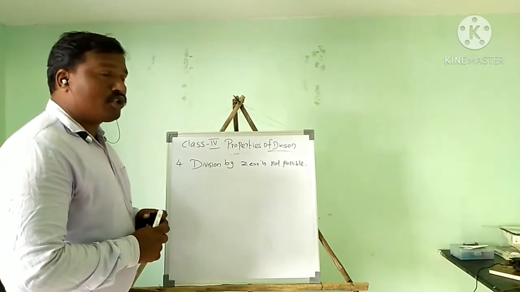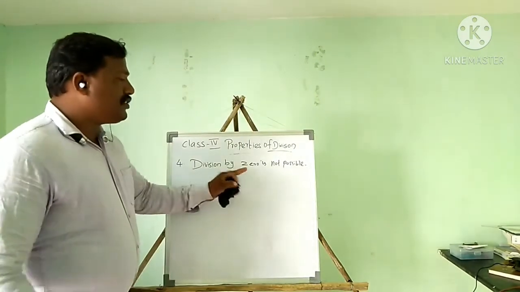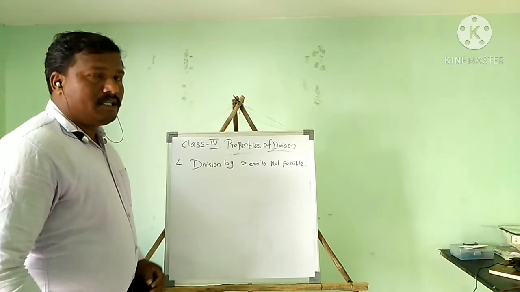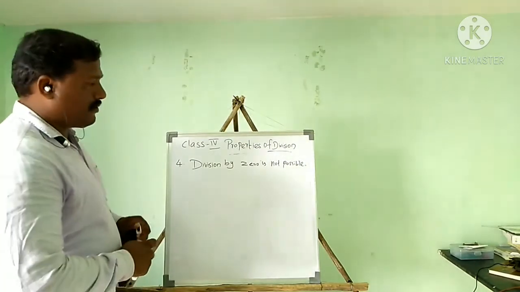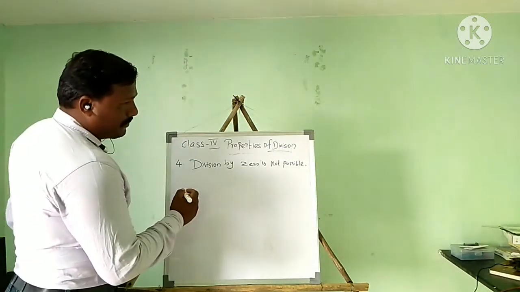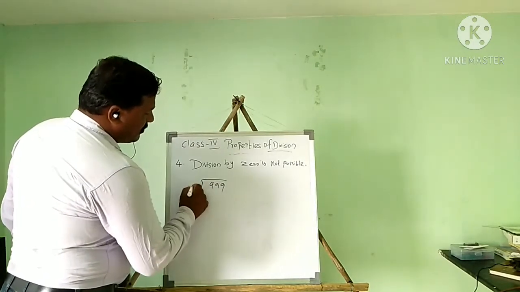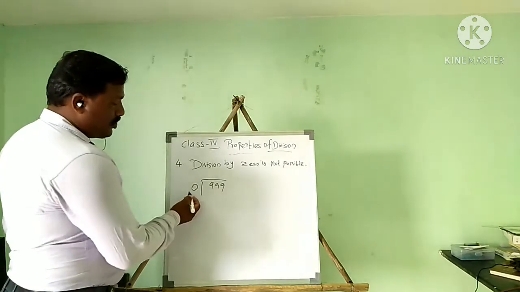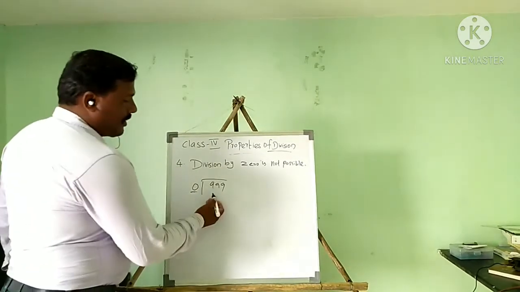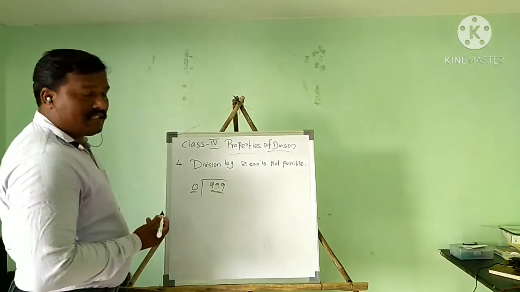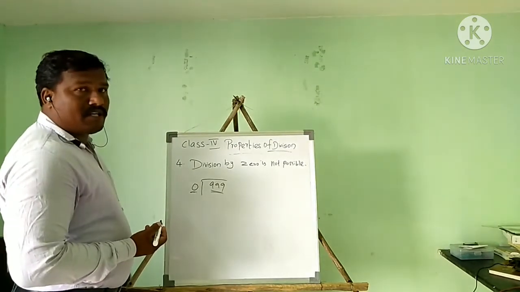Let me see the fourth property. Division by 0 is not possible. Let me take an example: 999. If 0 is the divisor and 999 is the dividend, it is not possible. We can't divide.